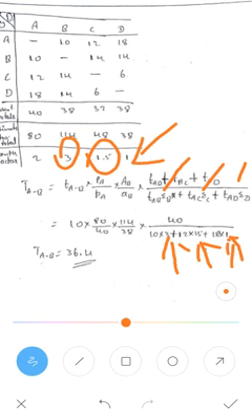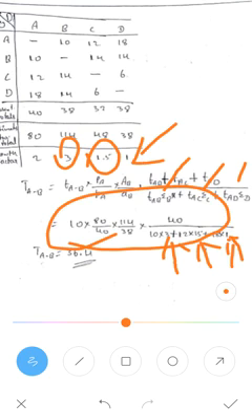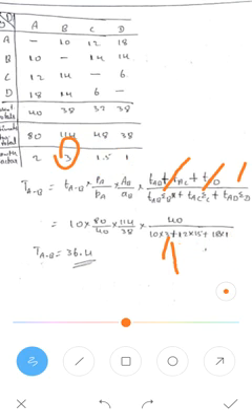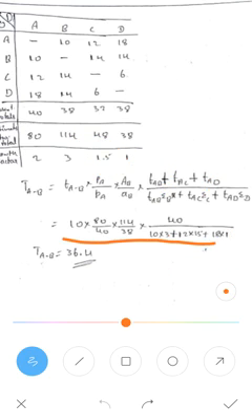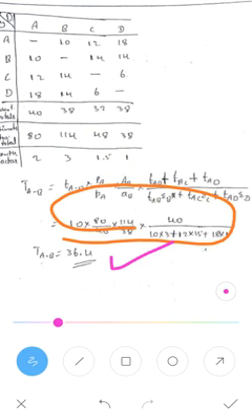Finally you calculate this, and after calculating all these values you will get TAB as 36.4. This is how the growth factor method problem will be solved.